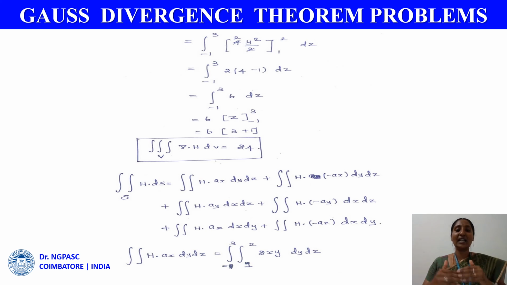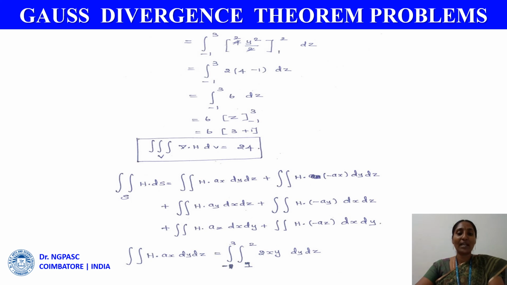Taking the x, y and z axes on the cube, we have the positive x side, negative x side, positive y side, negative y side, and positive z side, that means the top, and minus az, the bottom. We can individually calculate the integration for x and minus x, y and minus y, z and minus z.